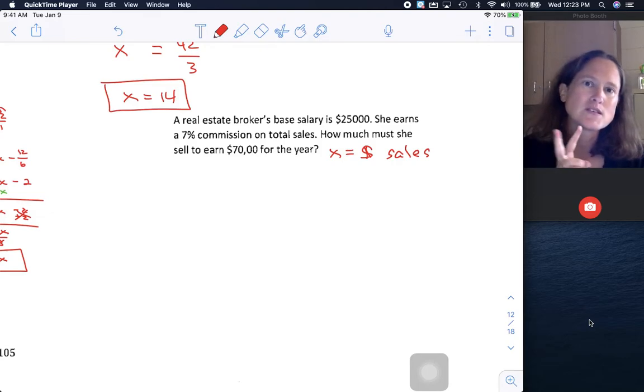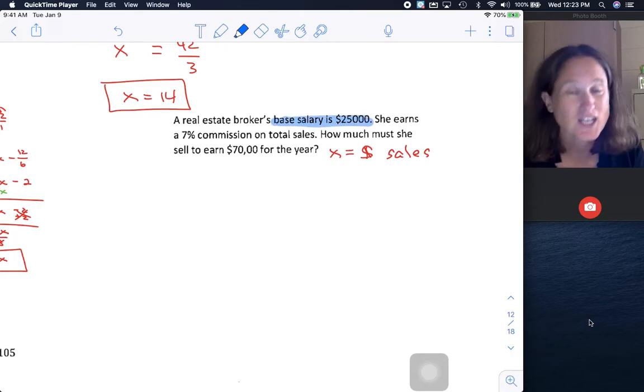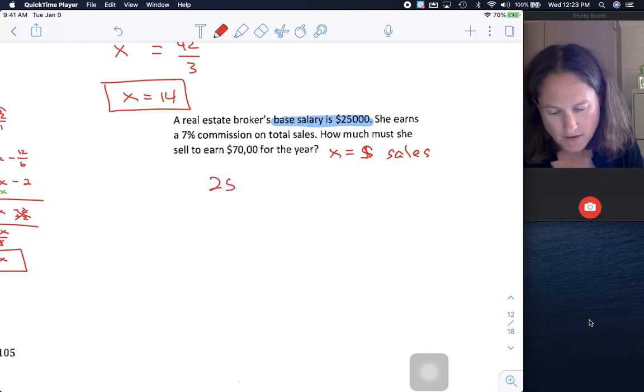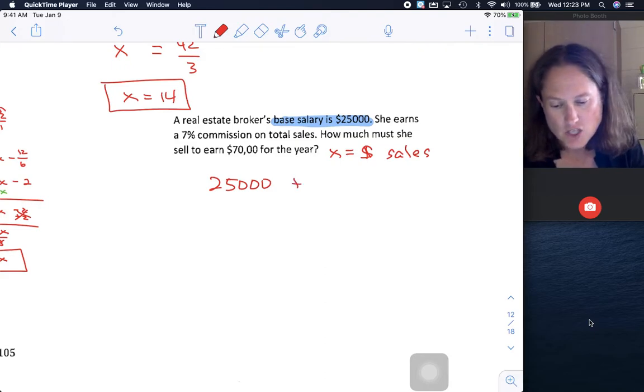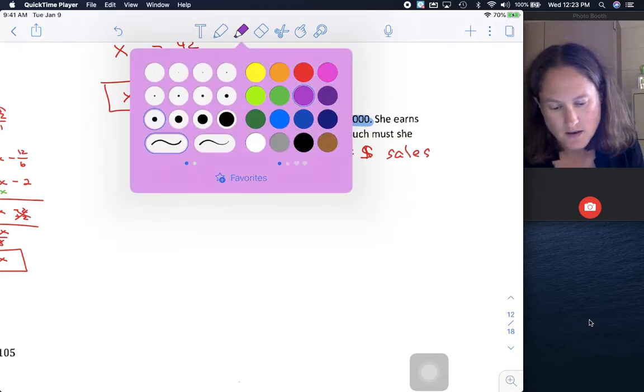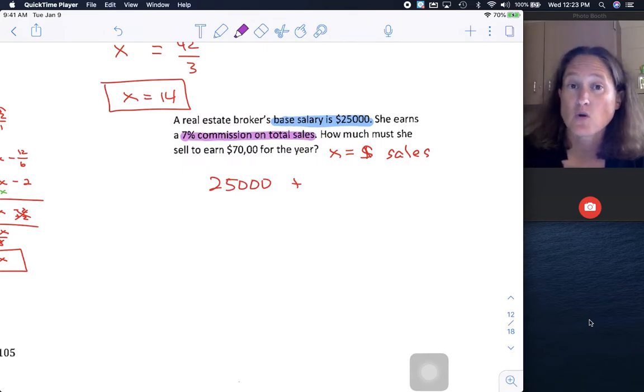There are two pieces that her salary is broken down into. She has this original base salary, which she gets no matter what. She gets it whether she sells everything or nothing. So she has that, which is $25,000, and it doesn't depend on anything. And then she has this other 7% of the total sales.